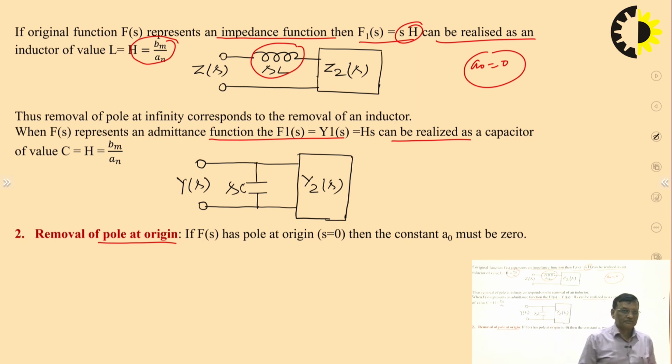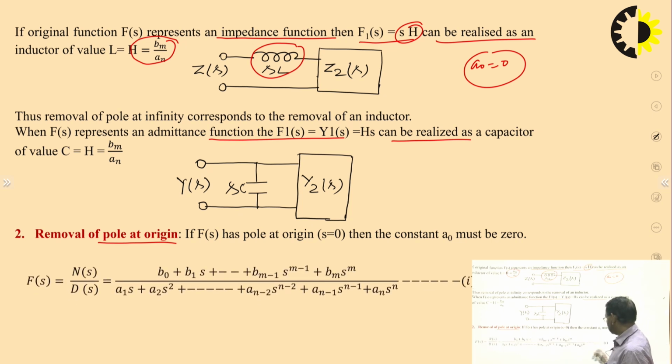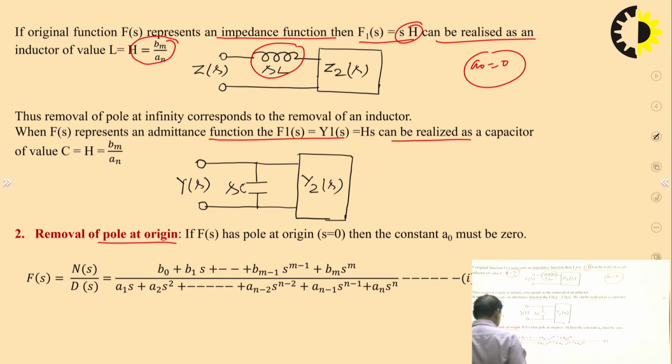When A0 is absent, meaning A0 is 0, the function has a pole at origin. This is the way we can identify whether a pole at origin is available or not.